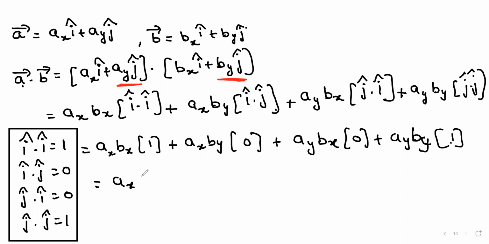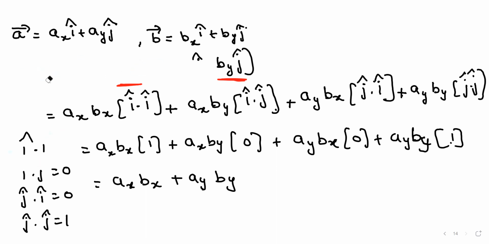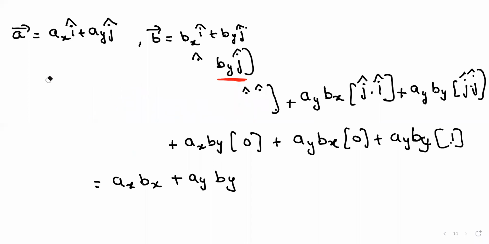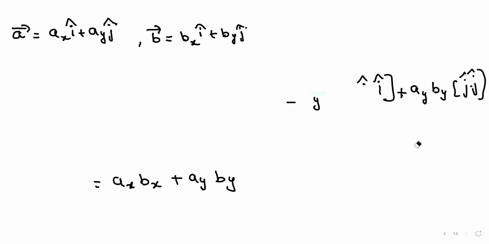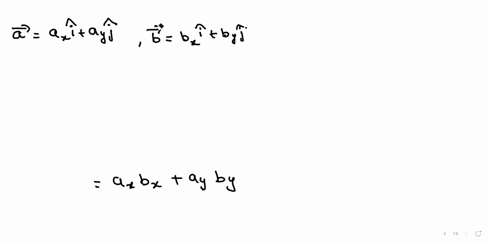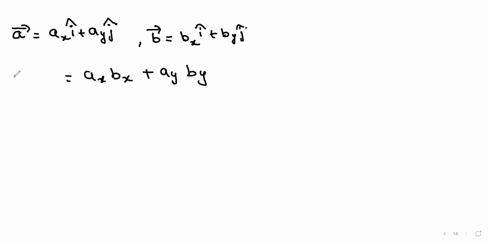So we get AX BX plus AY BY. So we got A dot B as AX BX plus AY BY, right?